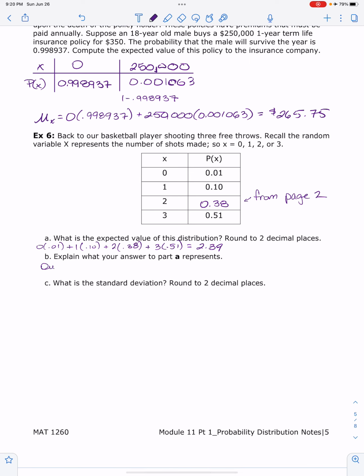So our basketball player scores, on average, 2.39 points per visit to the free throw line.